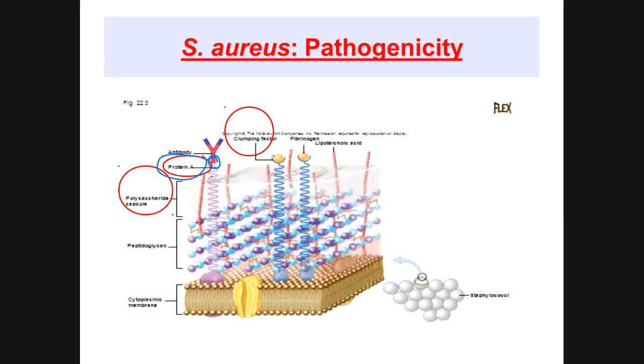This is the coagulase, also called a clumping factor. What coagulase does is trap fibrinogen, and it helps clot blood so that the organism can hide inside clotted blood.